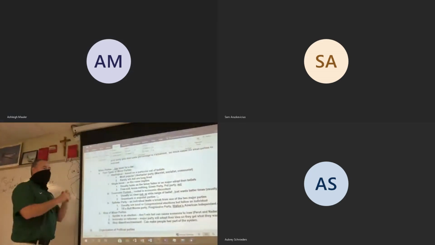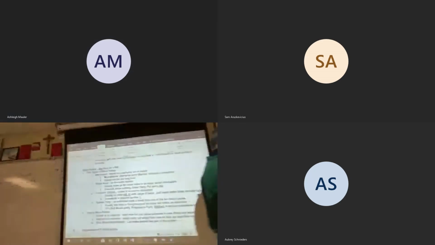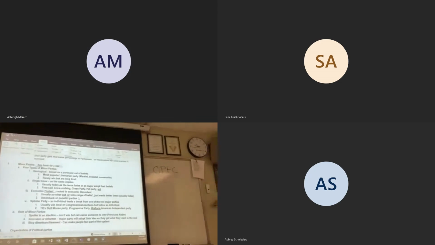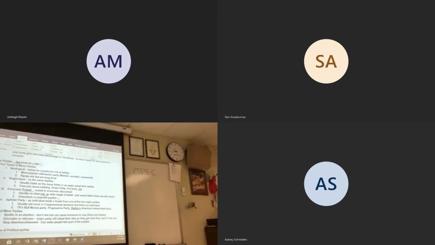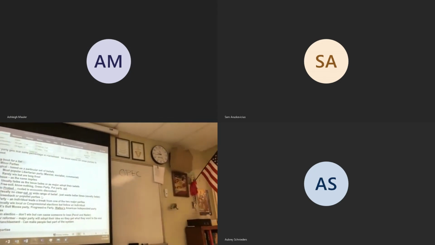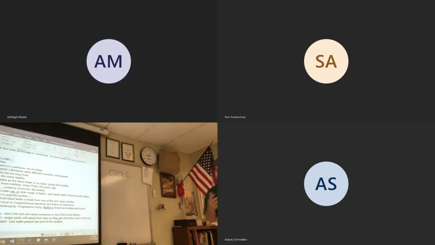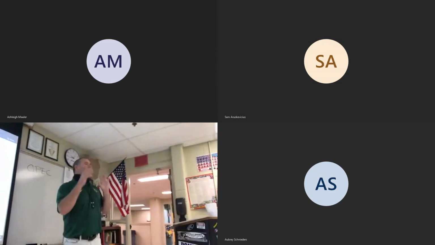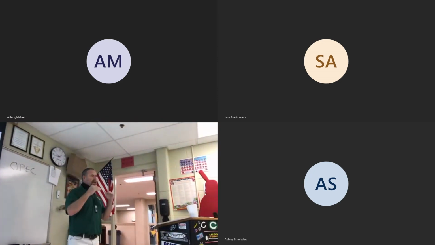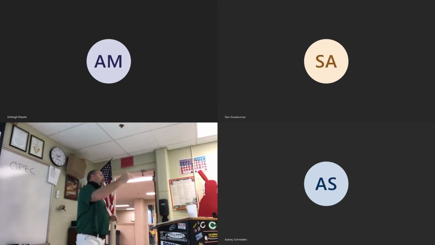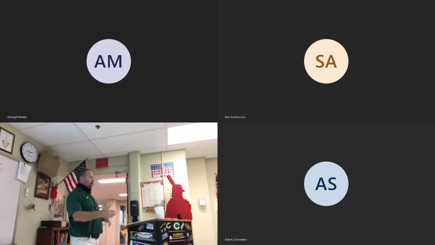So the list on page 63 is kind of interesting. Now, this is a little bit dated, but a lot of these, the ones at the bottom, are regional or local parties. The ones at the top are third parties that have actually had candidates on the national ticket in enough states to win enough electoral college votes to become president.